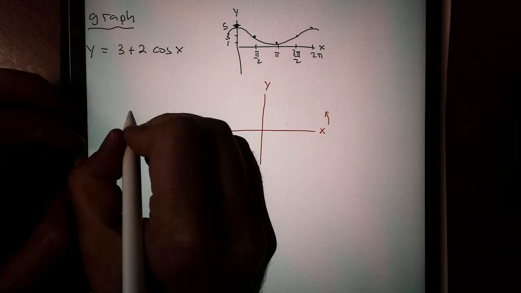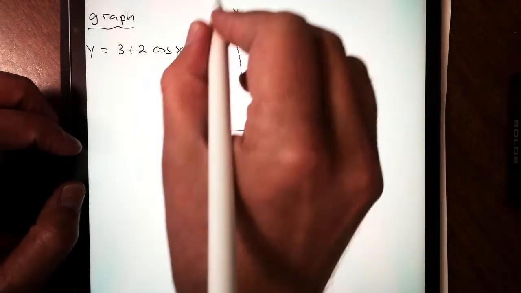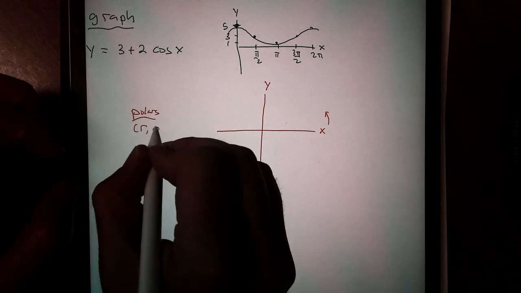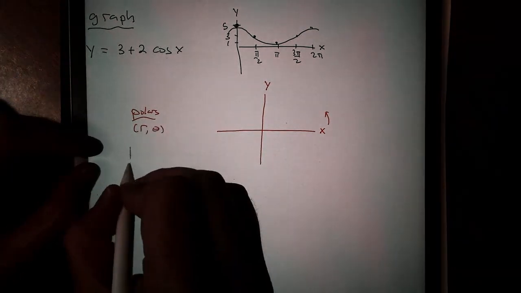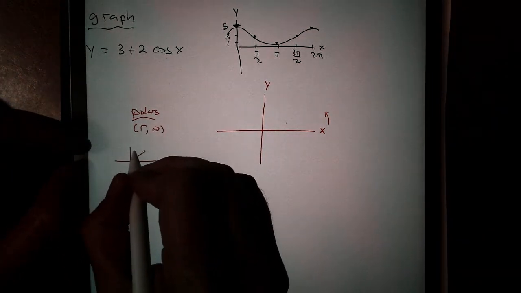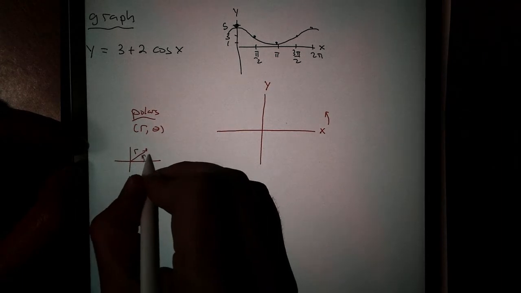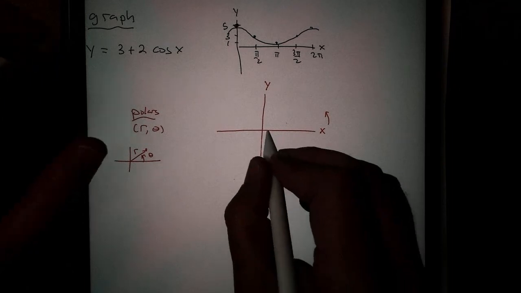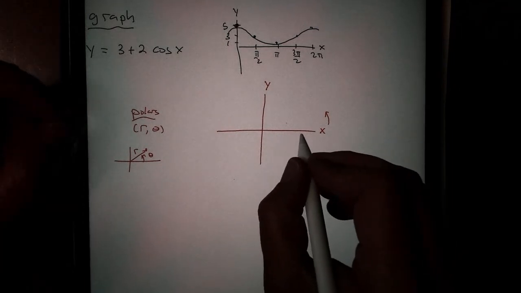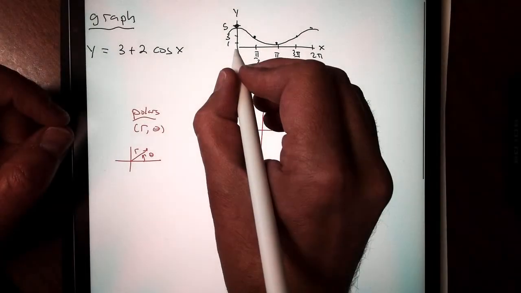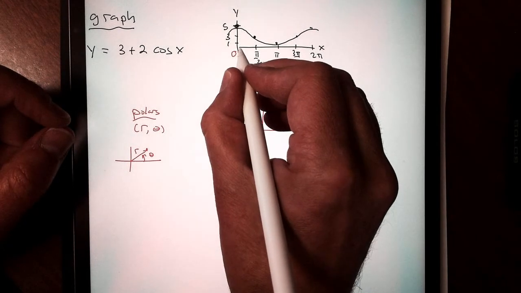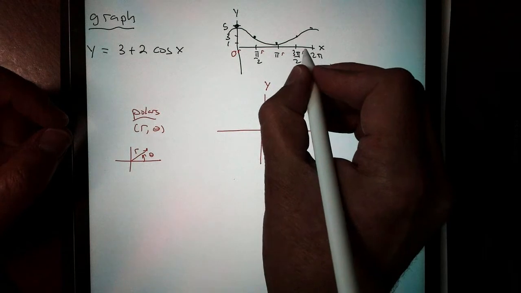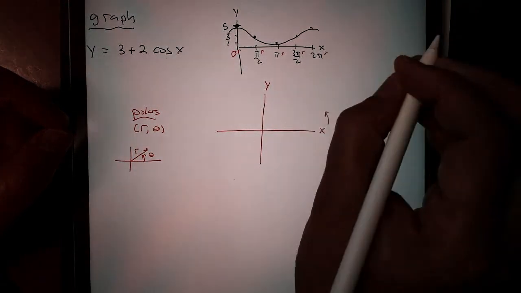You might remember, for polars, we measure points as r comma theta. So when we're going out, we're going to go out some radius and some angle theta. So when x is 0, if I look at the angle here, 0 radians, pi over 2 radians, pi radians, 3 pi over 2 radians, and 2 pi radians.